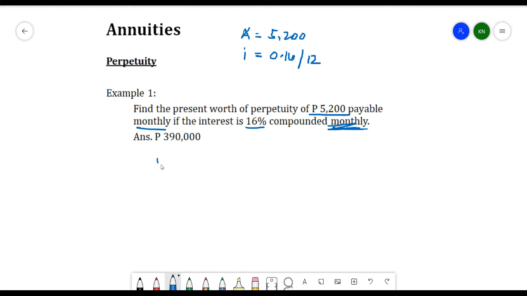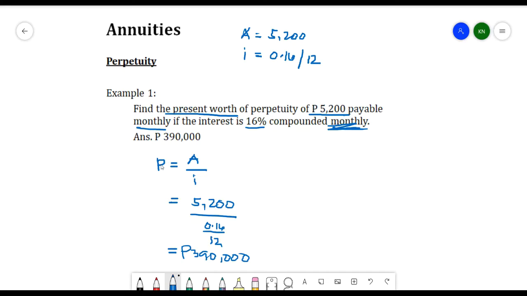So from the formula, P is equivalent to A over I. That gives us 5,200 divided by our interest, which is 0.16 divided by 12. So the present worth now is equivalent to 390,000 pesos. So this is now our present worth.